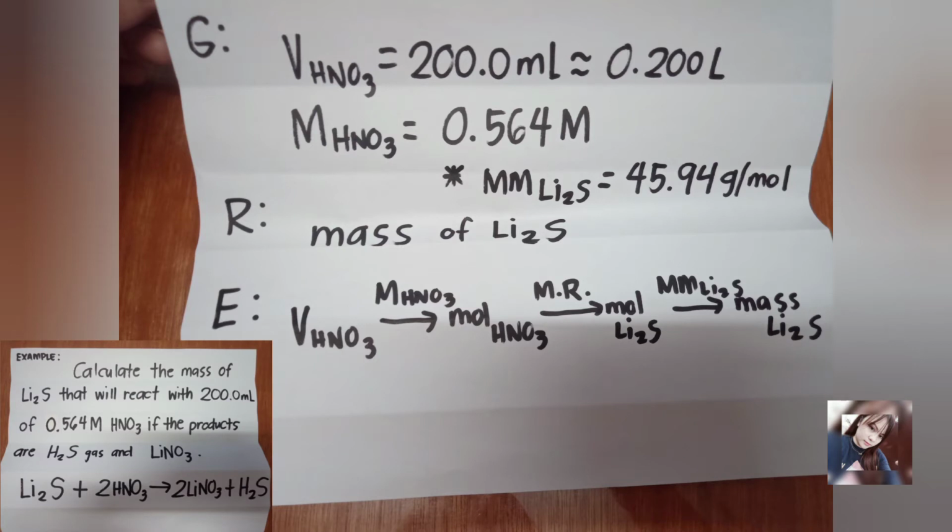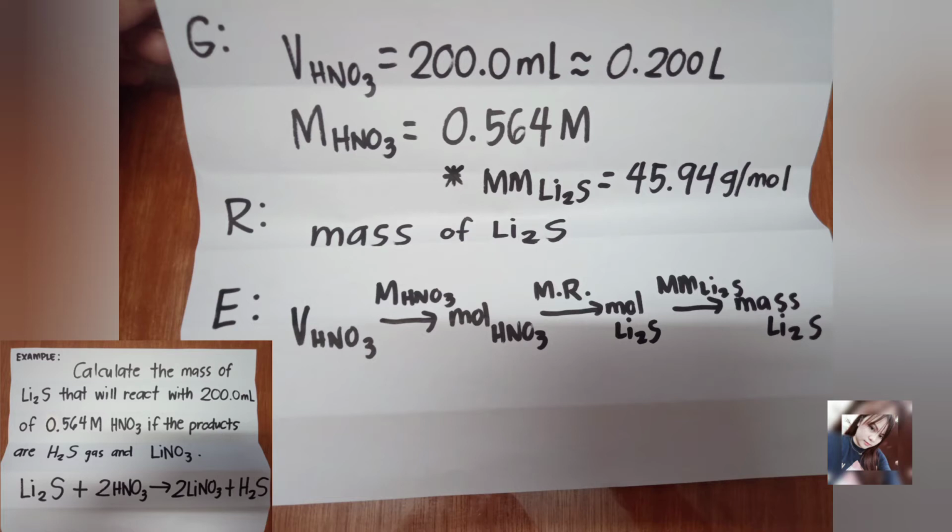Based on that problem, we have the given values of volume of the nitric acid, which is equal to 200 mL, which could be converted to liters, which is equal to 0.200 liters, and the molarity, which is 0.564 molar. The required value will be mass of lithium sulfide.